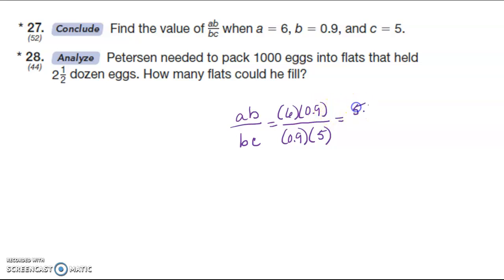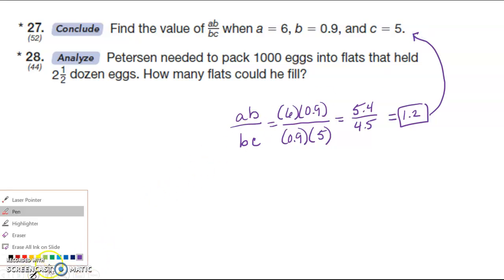I get 5.4, and 0.9 times 5, 4.5, and now I'm going to divide. 5.4 divided by 4.5 is 1.2, and that's going to be your answer for 27.